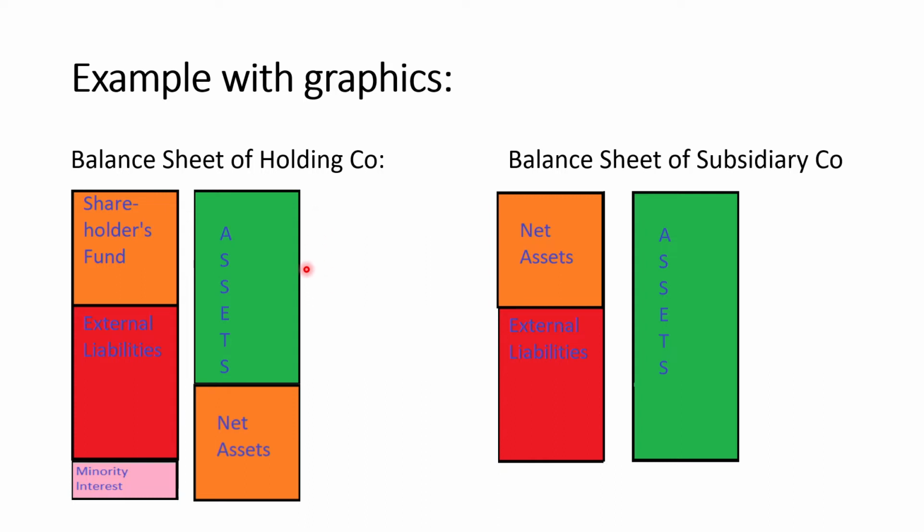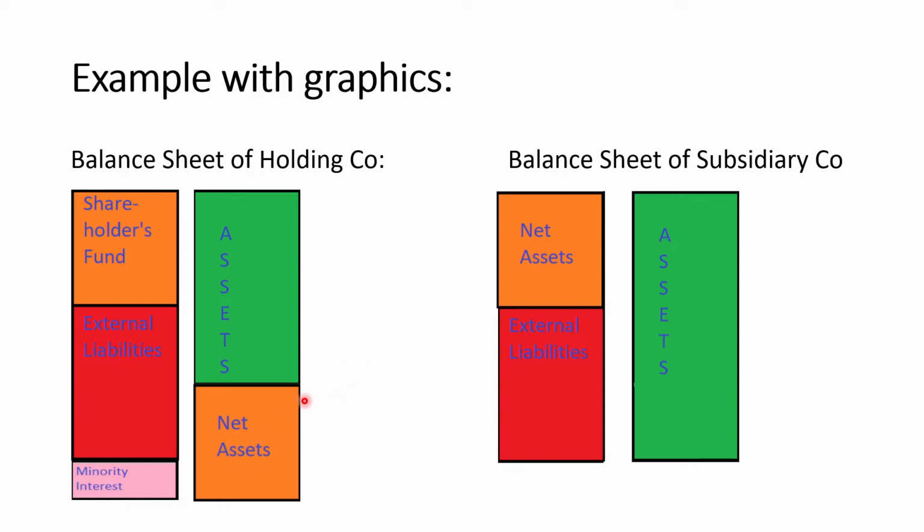What does it mean? The shares of holding company own the assets of holding company and the portion of net assets of subsidiary company, but we have included the full net assets of subsidiary company into our balance sheet.